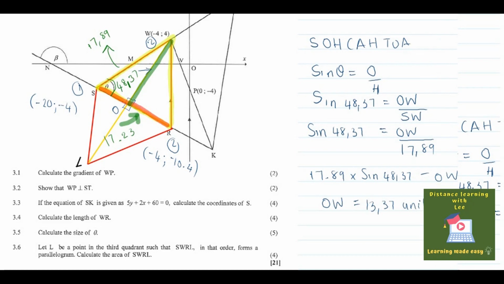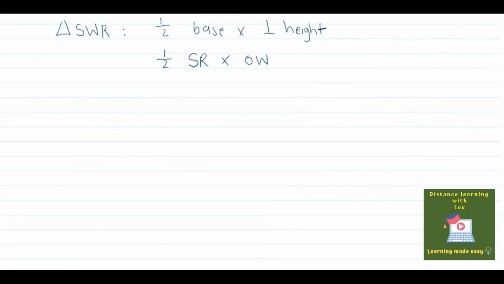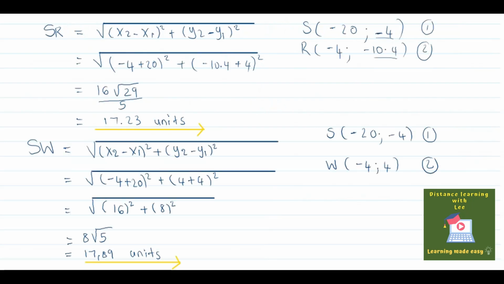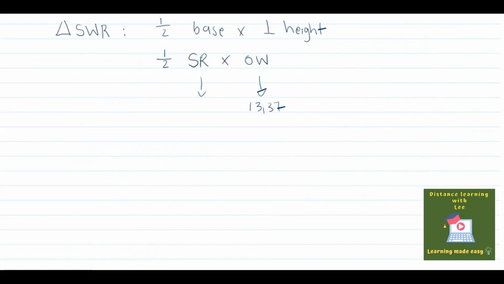Okay, so we've basically calculated our perpendicular height. So we found our OW to be equal to 13.37, and we also found that our SR is equal to 17.23 units. So basically now we are going to be working with the formula.